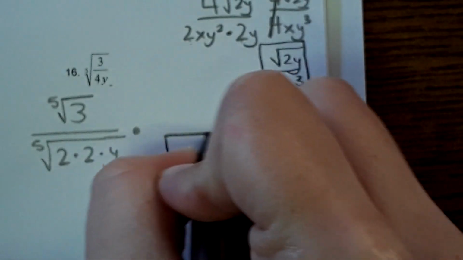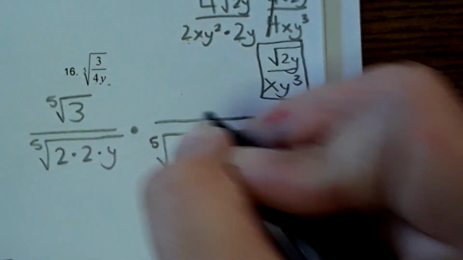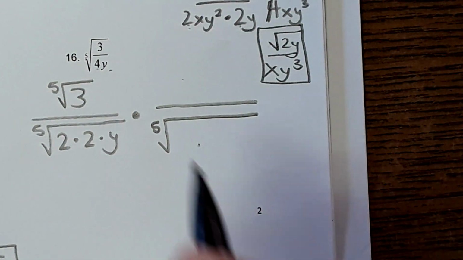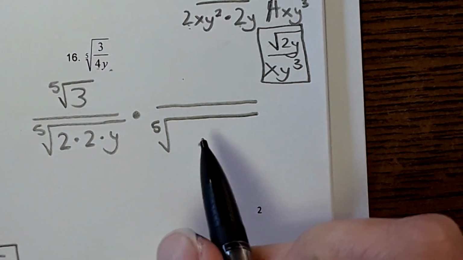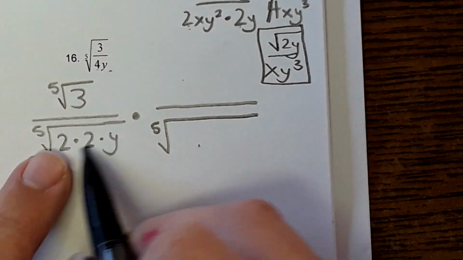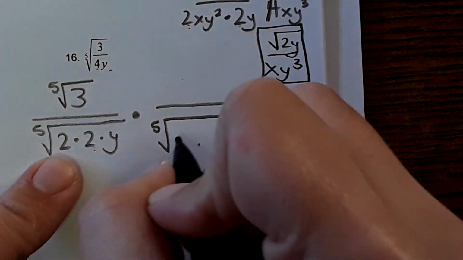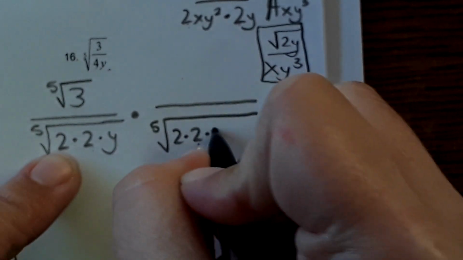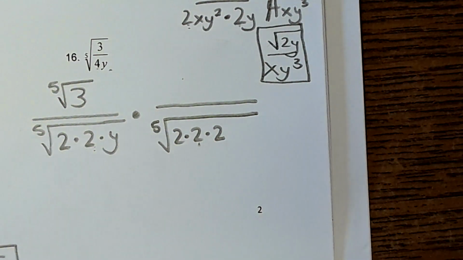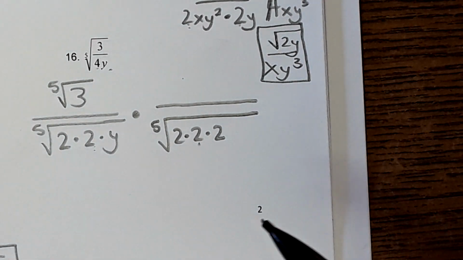We are going to multiply by essentially 1, like the same thing over the same thing. But the way we're going to do it is we need something that will simplify the 5th root. So the way to simplify a 5th root is if I had 5 2's multiplied by each other, I could take the 5th root of that. So if I added 3 more 2's over here, then the 5th root of all that would just be 2.